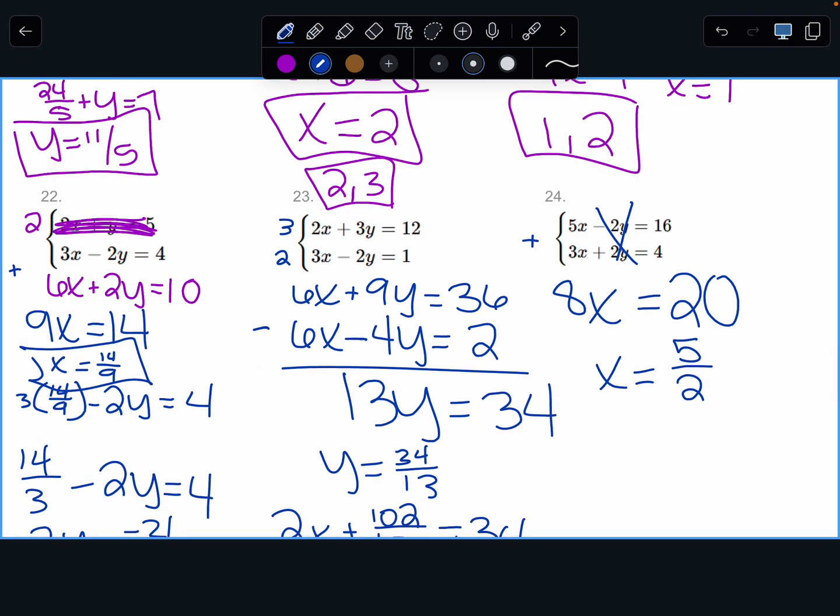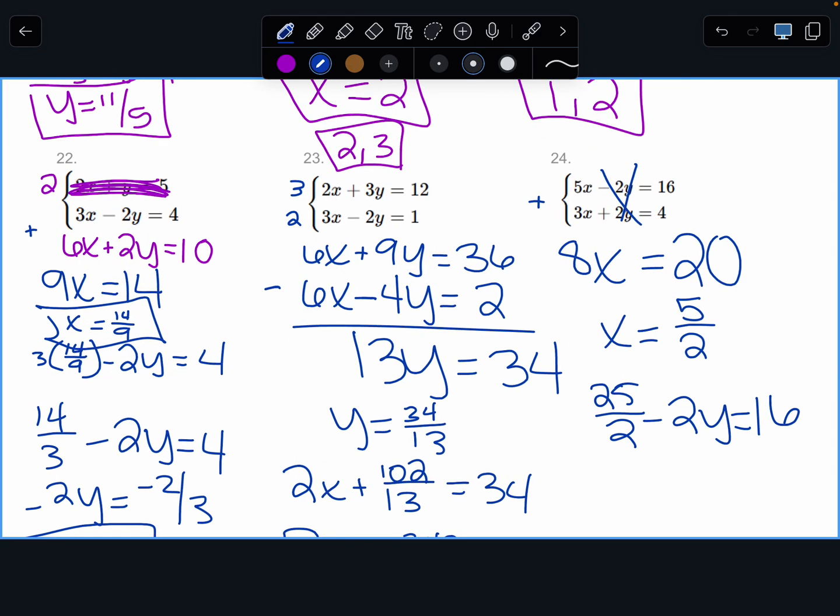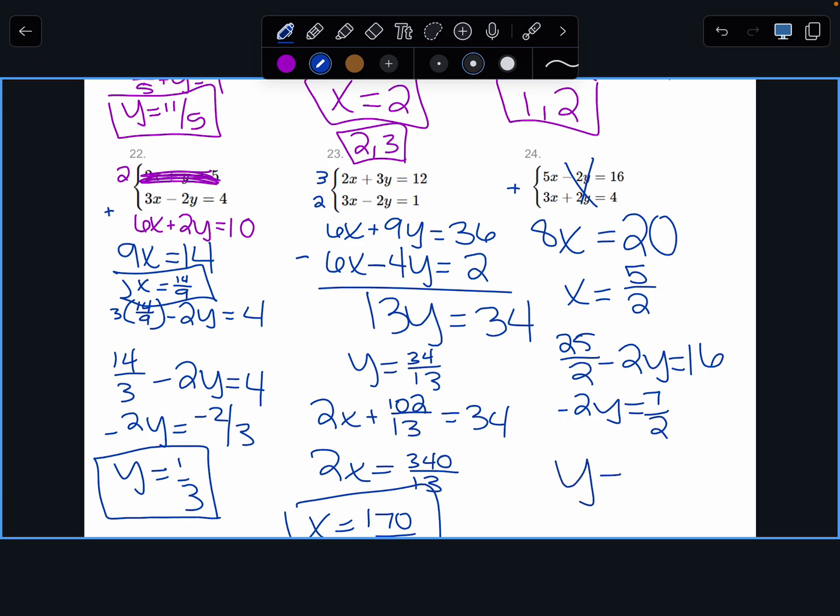And then we get 25 over 2 minus 2y equals 16. 16 minus 25 over 2. So we get negative 2y equals 7 over 2. 7 over 2 divided by negative 2. We should get y is equal to negative 7 over 4.